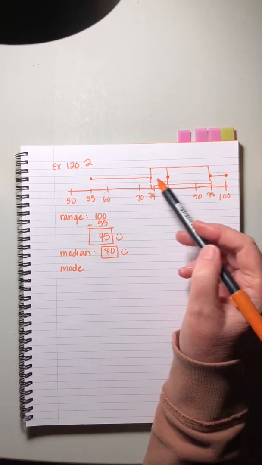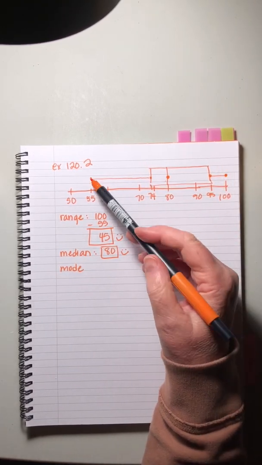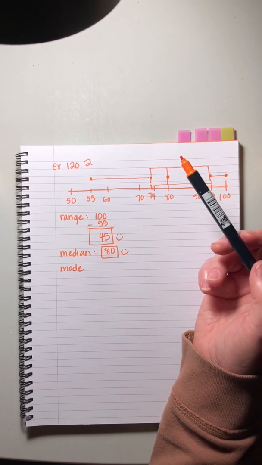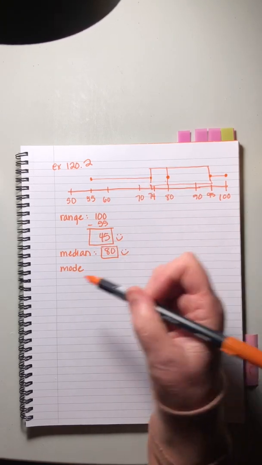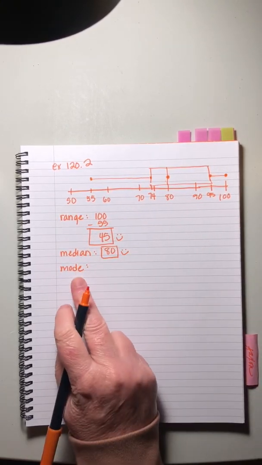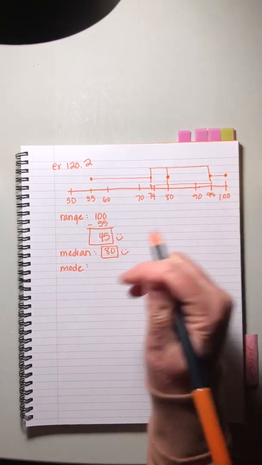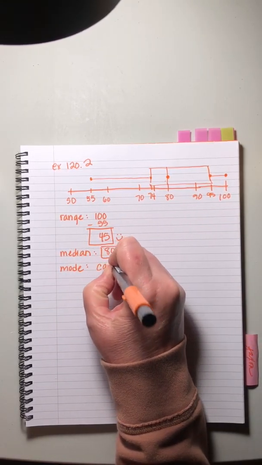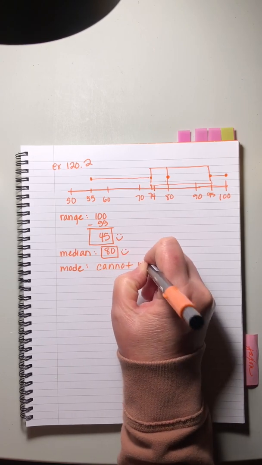We don't see any individual scores here. All we're seeing is high, well, I guess that, but we don't know if one person got a 55 or 3 people got a 55. We know someone got a 55, but there's no way that we can make any judgments about how many people got each of these scores. So this one is cannot be determined.